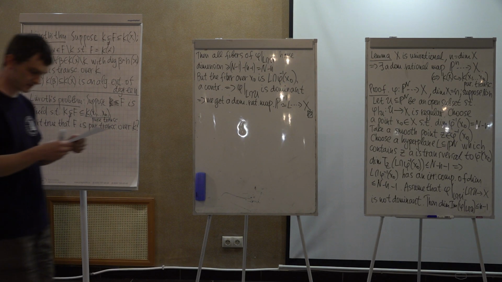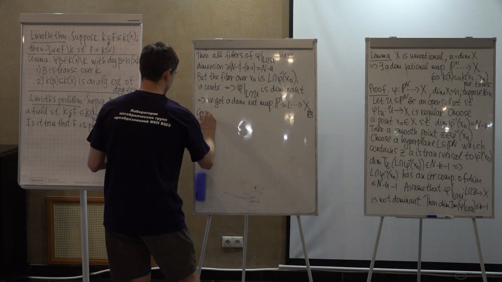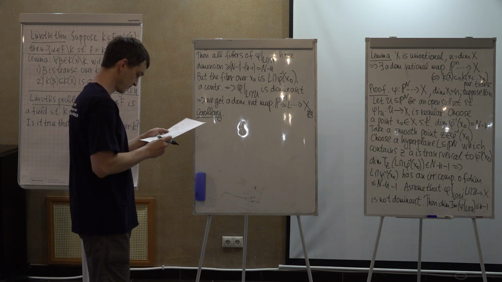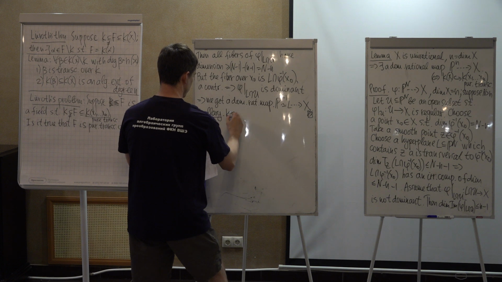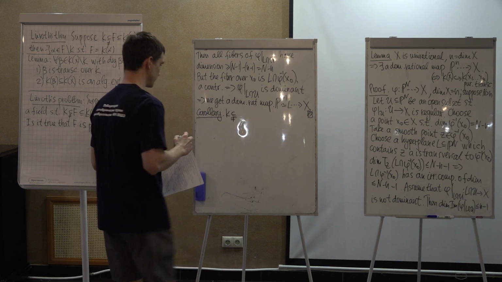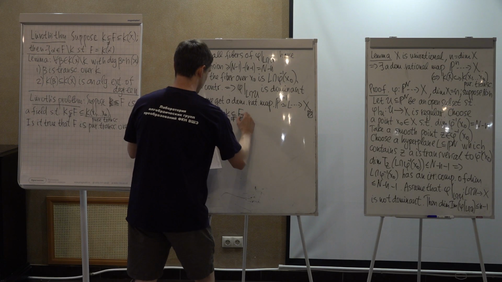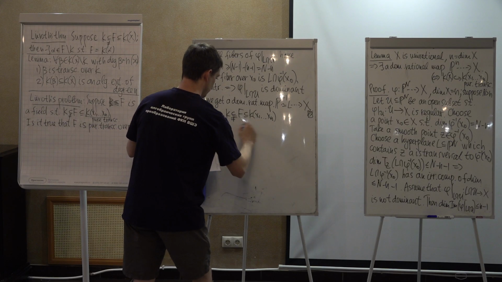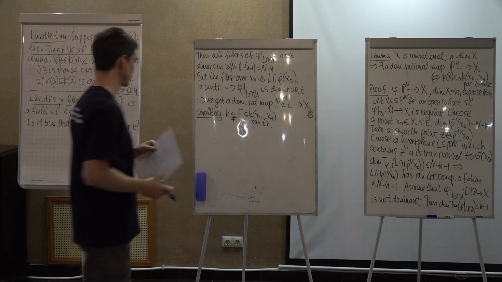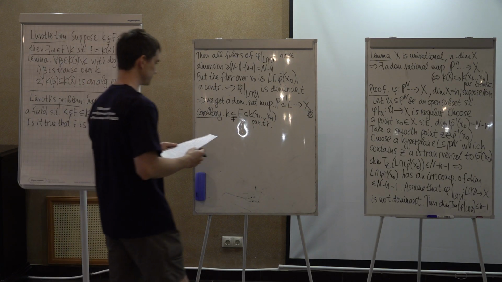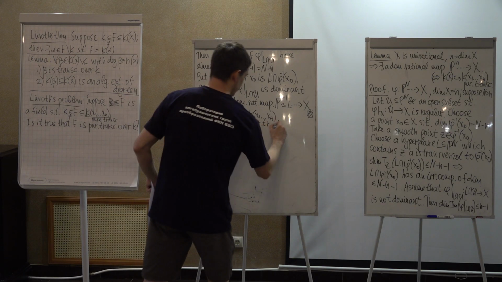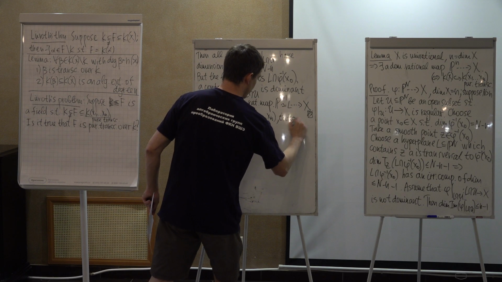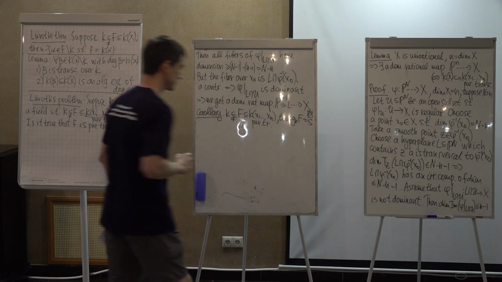Now, some corollary. This is a general corollary in terms of field theory. So suppose we have such a sequence of fields, and the transcendence degree of F over k is s.